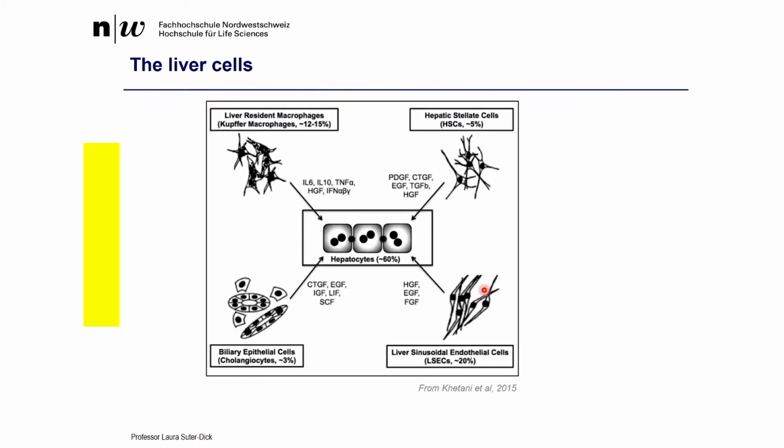The liver cells. And I know you heard a little bit about the liver cells, in particular about the HepaRG, definitely in your biology courses, but also in the previous training. I just want to show this depiction, this figure depicts the different liver cells. In the center, the parenchymal cells.